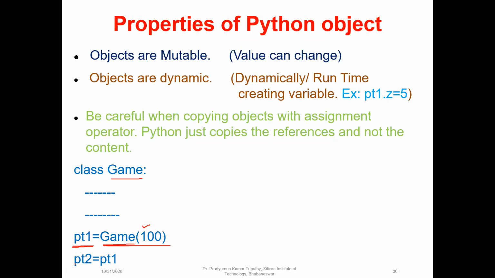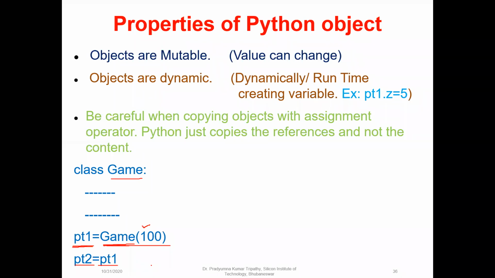Correct? By passing some parameter over here, maybe 100. So anyway, PT1 is an object of Game. But the moment you write PT2 equals PT1, it is not actually another copy that is being created for PT2. PT2 is just referring to PT1. Correct? So an object is created for PT1, memory is allocated for PT1, but the moment you write PT2 equals PT1, memory may not be allocated for PT2. What will PT2 be?